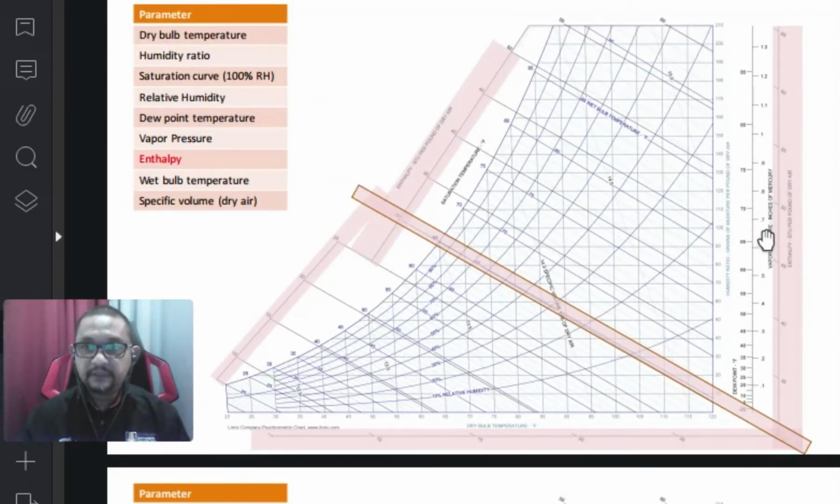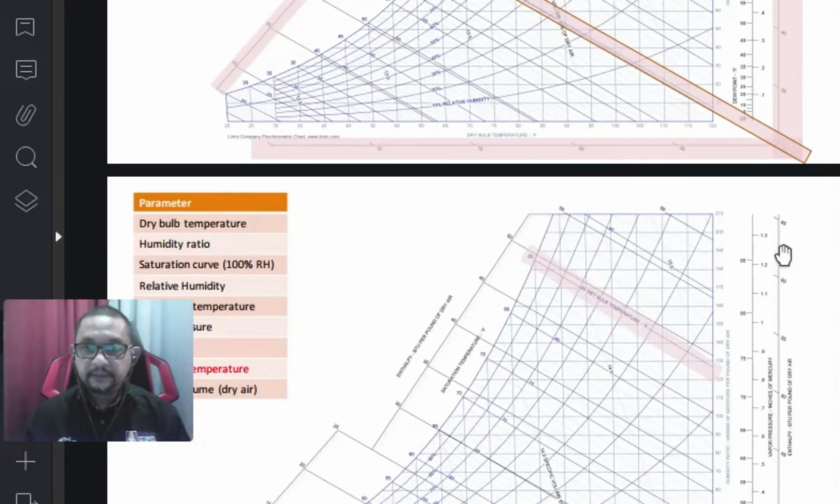Number seven is enthalpy. Enthalpy is the downhill line. These are the values of the enthalpy, at the bottom of the chart and also at the right side of the chart.